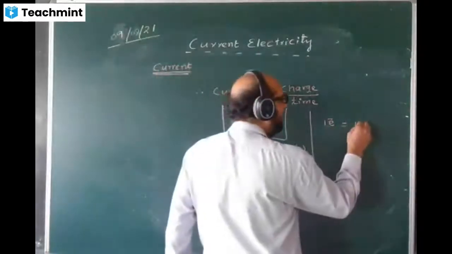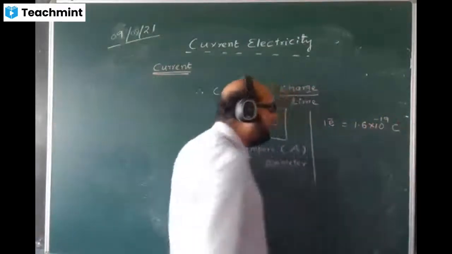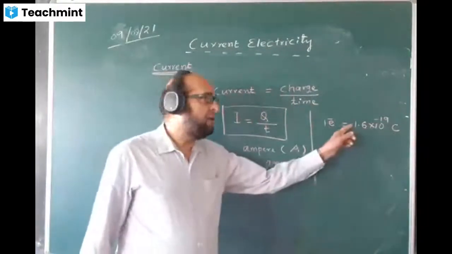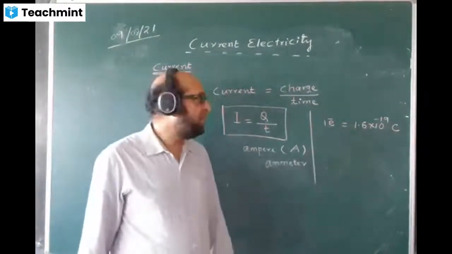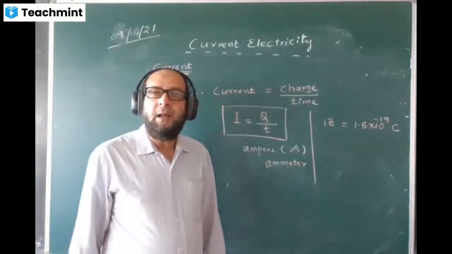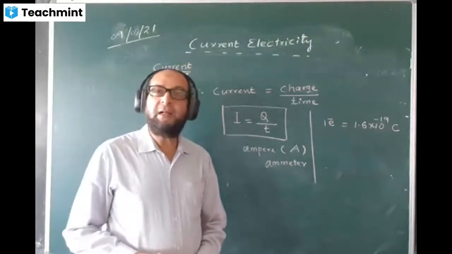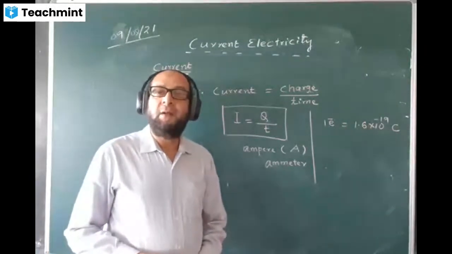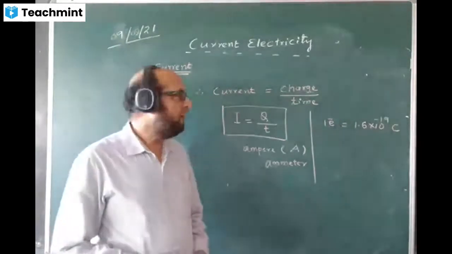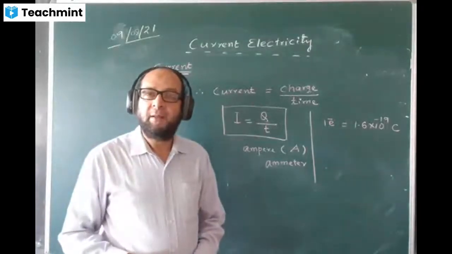The charge of one electron is 1.6 into 10 to the power minus 19 coulomb. Coulomb is the unit of charge. The sign will be minus, but the value is this much, 1.6 into 10 to the minus 19 coulomb. If you remember, in the work, power and energy chapter, I gave you the unit of energy as electron volt, eV.